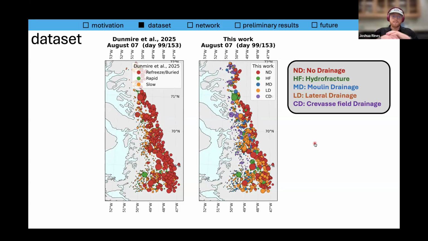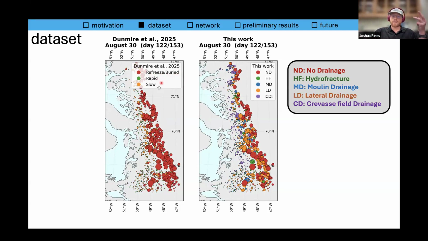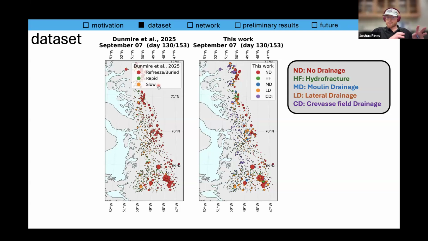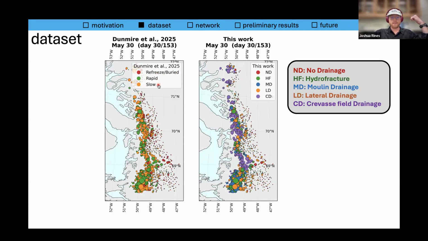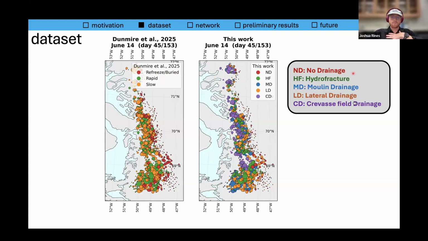And so you can see on the left, the classes are, there's three main classes: refreeze or buried, rapid in green, and slow in orange. And so this is sort of what the Dunmeyer work did, to identify classifications of rapid drainage versus slow drainage. And that's something that you can do really, really well with a scalar representation of the lake evolution. What's tricky to do with just a scalar representation is to break those classes into slightly different categories.